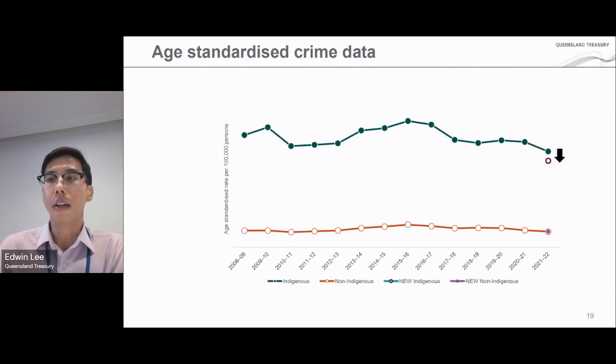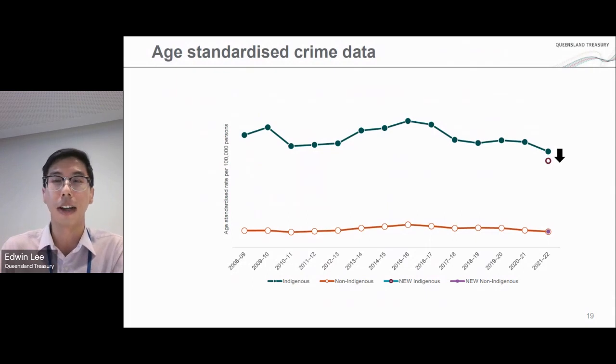Another example we've put here just to demonstrate the impact of this change in age structure from the new estimates on a whole of population age standardized crime rate that we usually report on. And this change is shown by the downward shift in the small circle in the top right, which is the Aboriginal and Torres Strait Islander rate for 2021.